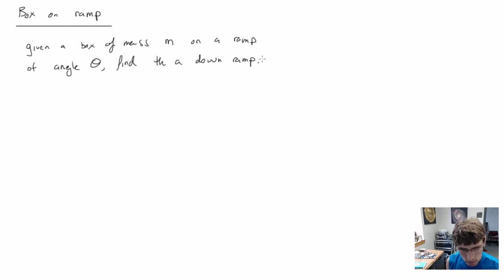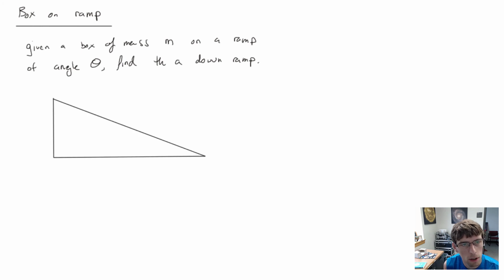Just like anything, we should probably start off by drawing a picture. So let me just draw a ramp here. And we will call this angle theta right here, the angle of the ramp.